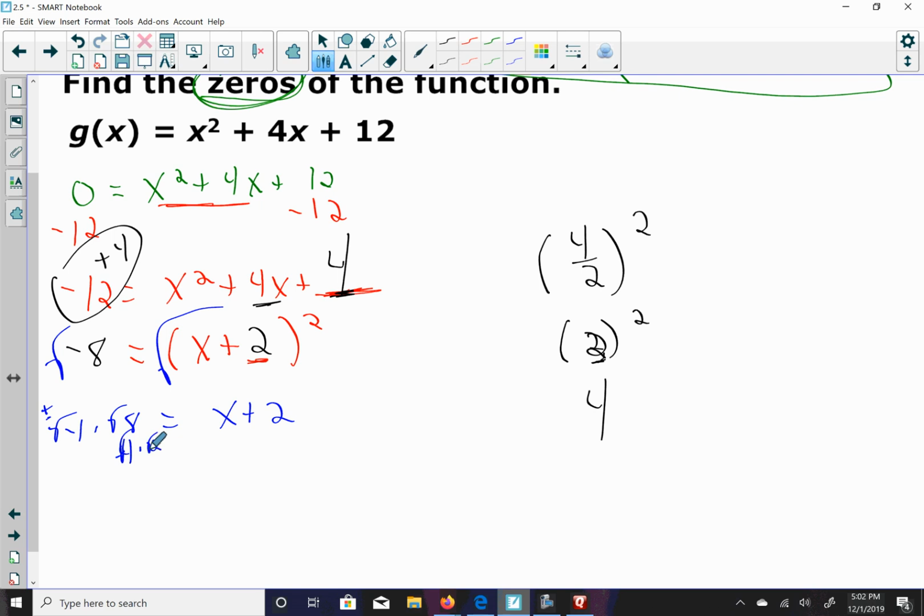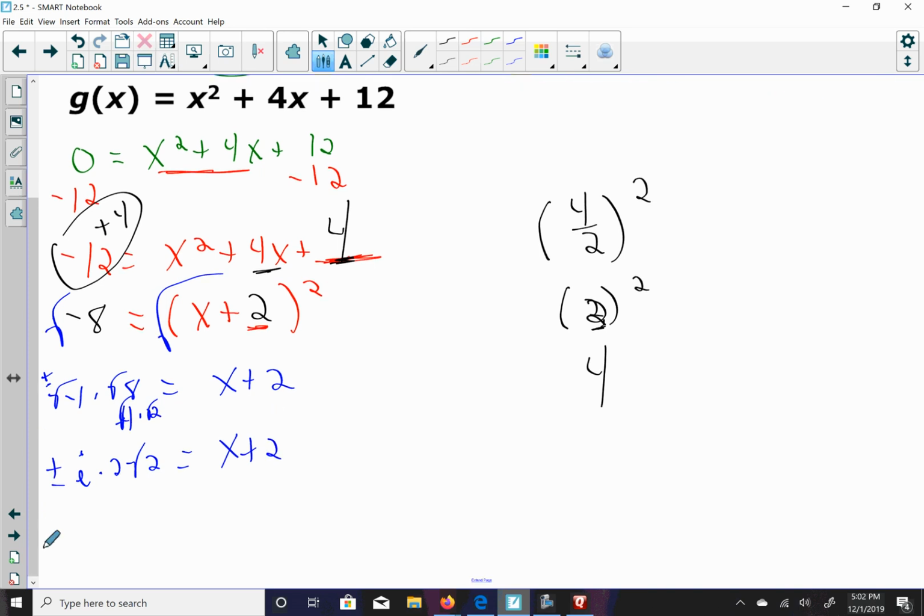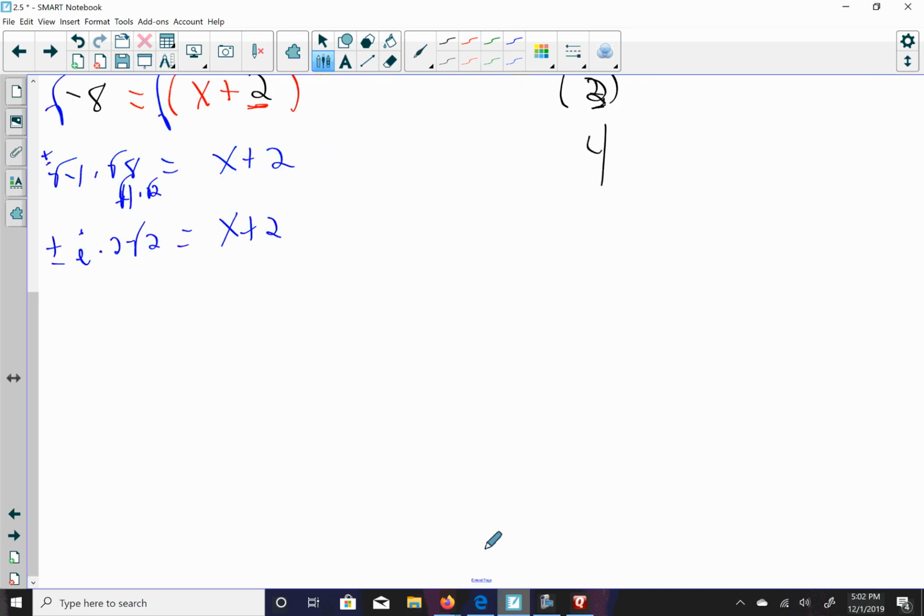Sorry, that's kind of messy. And so I'm going to have plus or minus, and then i times 2 times the square root of 2 is equal to x plus 2. Cleaning it up a little bit, I'm going to move the 2 out in front, so plus or minus 2i times the square root of 2 is equal to x plus 2.